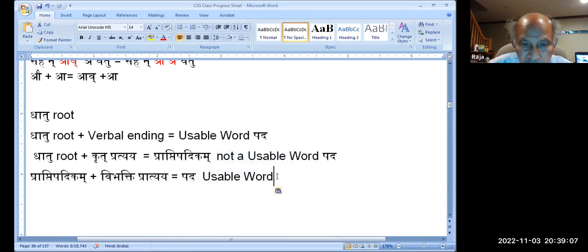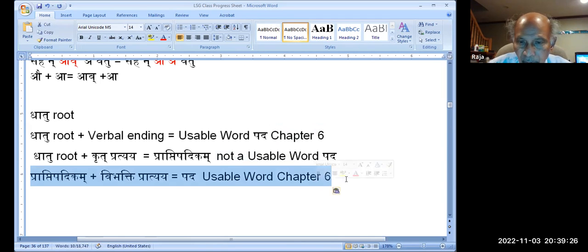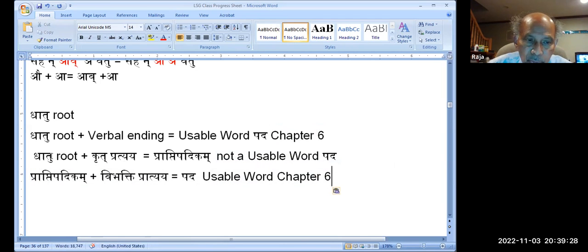These two we'll read in chapter 5. This we'll do in chapter 6. And we'll do this in chapter 5, the next two. For example, you take a dhatu ram, to revel, and add a pratyaya, krut pratyaya.